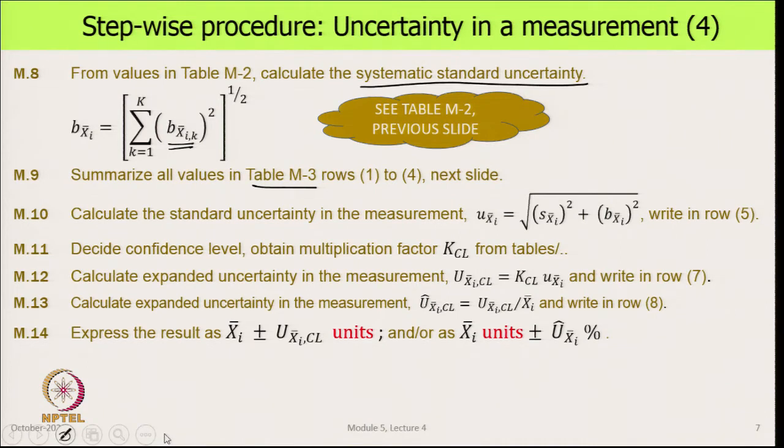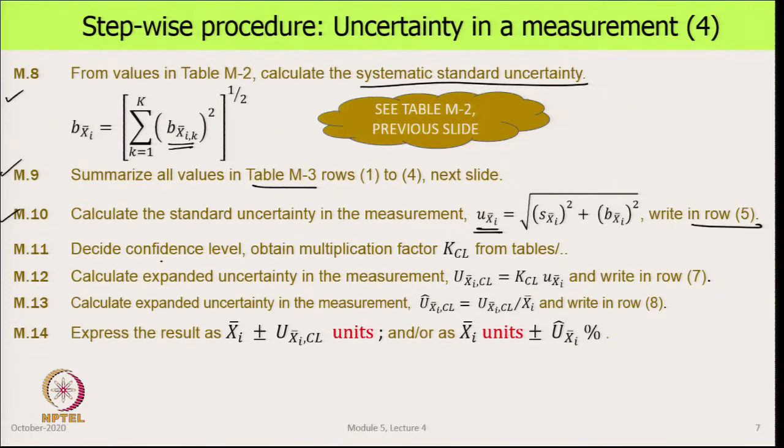The steps are M10, M11, M12 and M13. We calculate the standard uncertainty in the measurement, U_xi bar, from the random standard uncertainty and from the systematic standard uncertainty. So, we get the value of U_xi bar and write it in row 5.